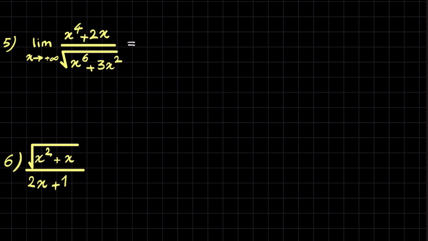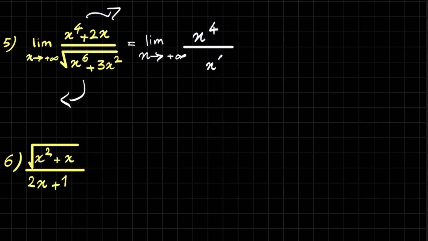This one is a bit tricky. We just need to write down the highest terms. For the top, it's going to be x to the power of fourth, but for the bottom, it's the square root of x to the power of 6 plus 3x squared, and the highest term is the square root of x to the power of 6th, which is x cubed.